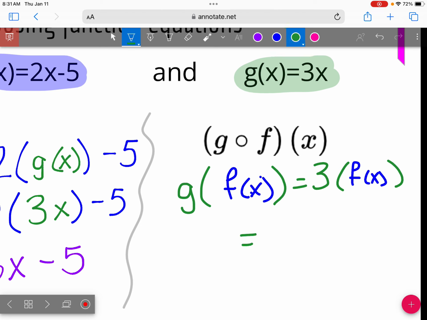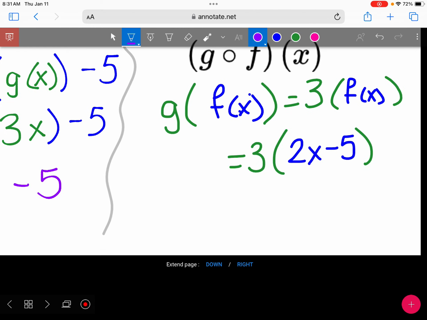Well, that's all well and good, but it'd be a whole lot easier if I could actually see my equation. So we're going to do 3 times 2x minus 5. And we're substituting the pieces in. Now, what can I do to simplify that? Distribute.